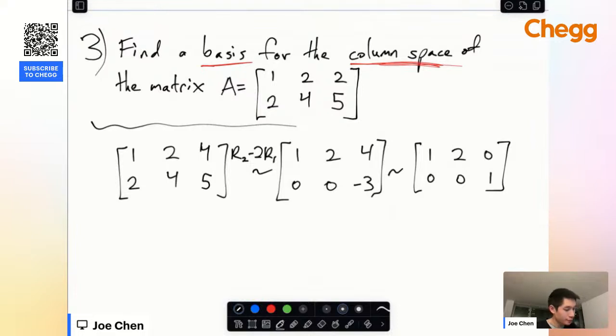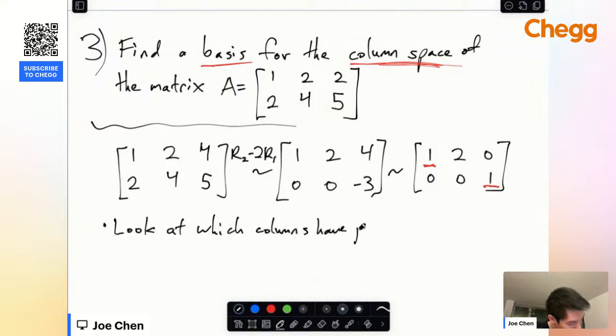Okay, so here's how we get the basis for a column space. We're going to look at which columns have a pivot, and then we're going to go back to the original matrix and look at the columns that correspond to these columns. So in this case, it's the first one and the third one. So let me write that down. Look at which columns have pivots.